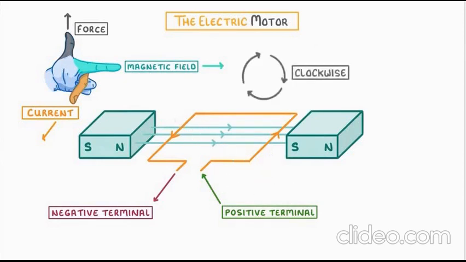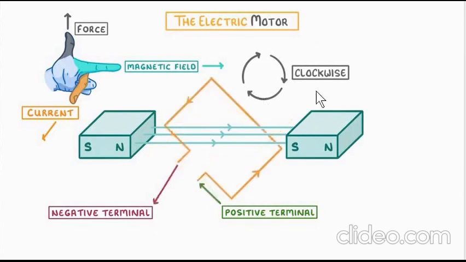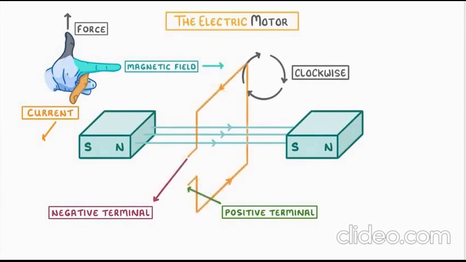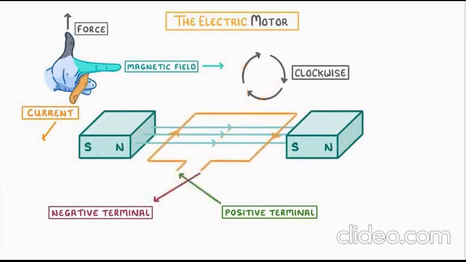Yes, the direction of rotation will be clockwise. So this coil will start spinning, and after 180-degree rotation, it will be like this. Earlier on the right side it was the positive terminal, but now after a 180-degree clockwise rotation, the terminals will be swapped. Positive will go to the left and negative is now on the right, right?